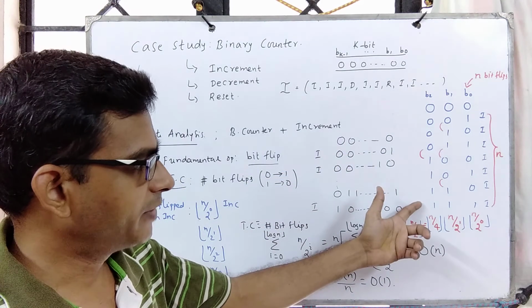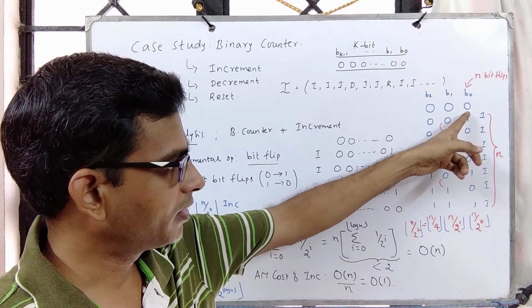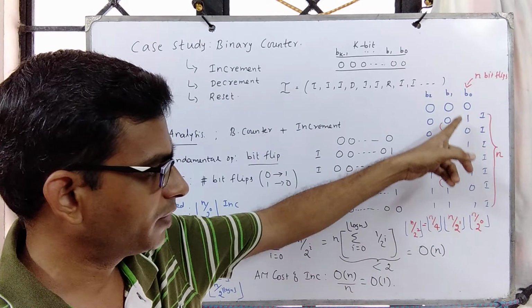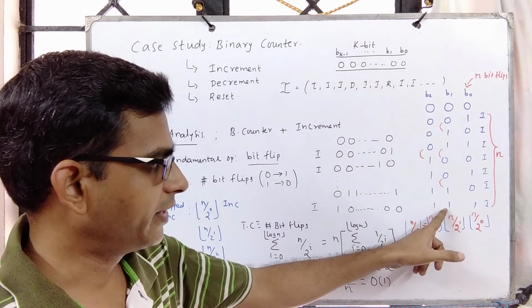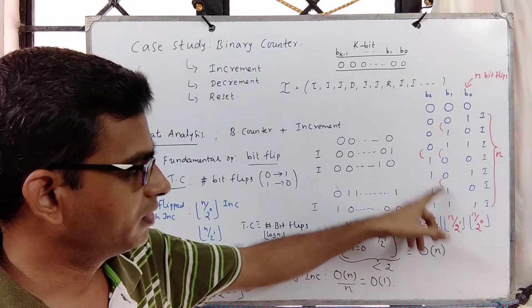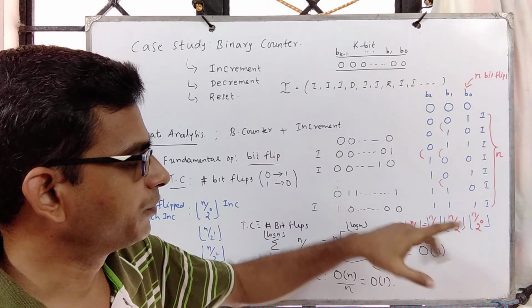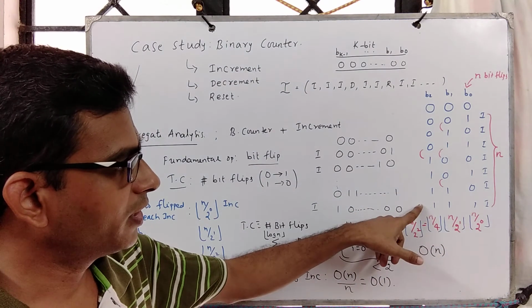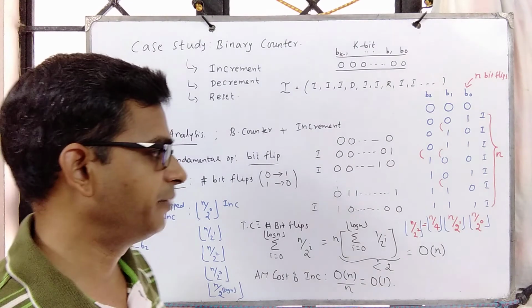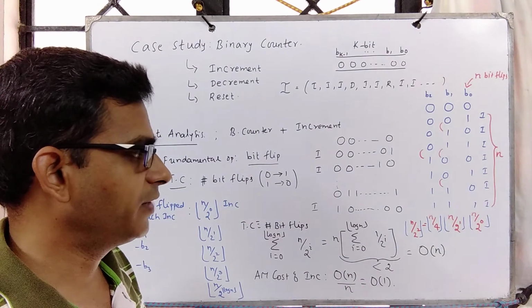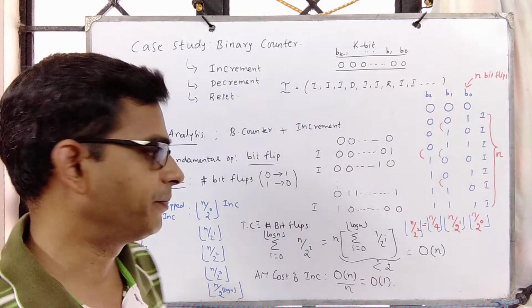And for this example, it turns out that this column bit flip is happening at each increment. This alternates, so it is n by 2. This one, for every fourth increment you see a bit flip. Next one, for every eighth increment you see a bit flip.